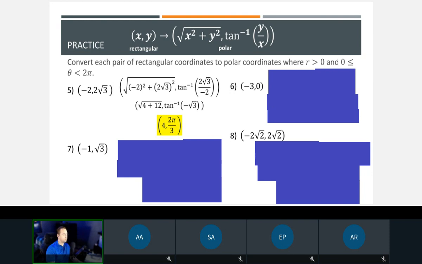If you use your unit circle, you don't have to worry about this whole negative rotation stuff, because this right here is in quadrant 2. So it means that the angle you pull out should be from quadrant 2. Coordinates in quadrant 2, this angle better be in quadrant 2. So tangent of negative rad 3, remember, it's y divided by x. The combination that gives us negative rad 3 in quadrant 2 is the values from this angle.